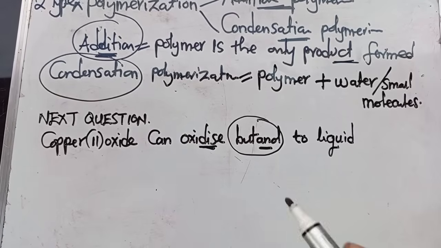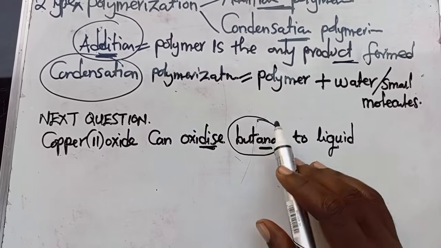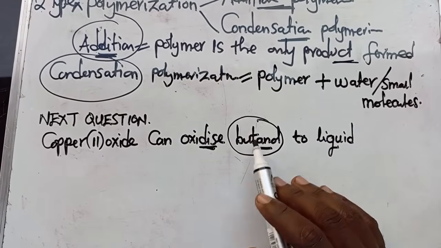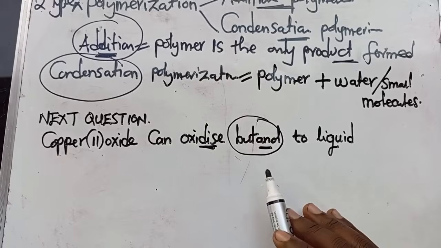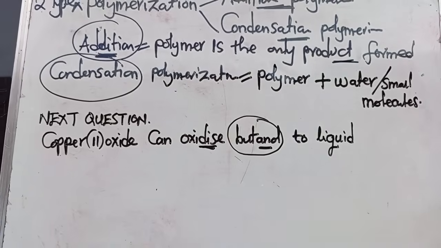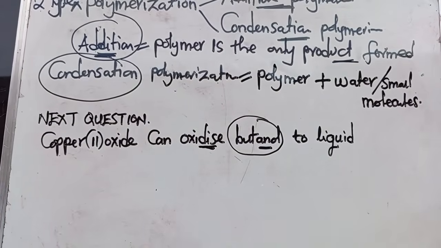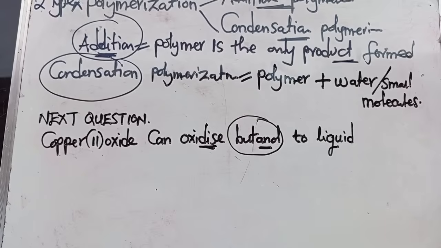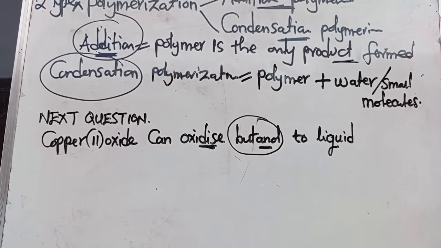In other words, when butanol is oxidized, the product formed is butanoic acid, which is a carboxylic acid. I believe we are advancing together, and I'm making these things simple so that you are able to understand.